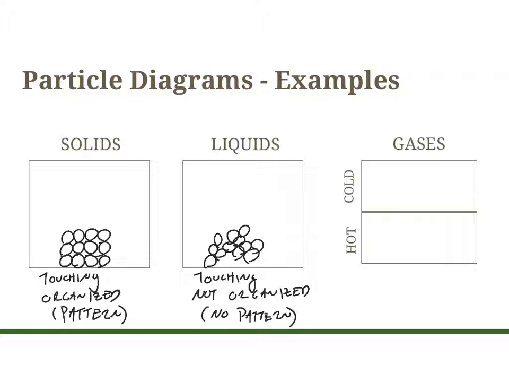And if I ask you to draw a gas, they would definitely be all over the place. But if the gas is cold, it will have some degree of motion marks. But if the gas is hot, it's going to have more motion marks.